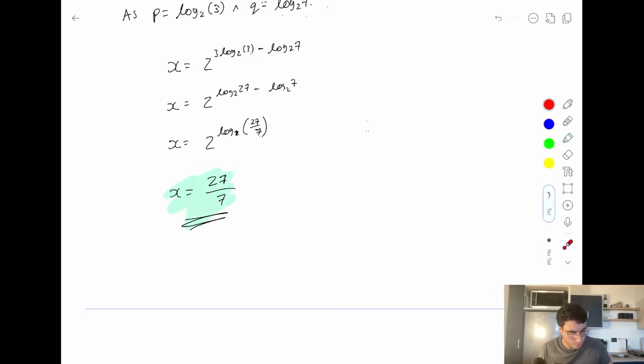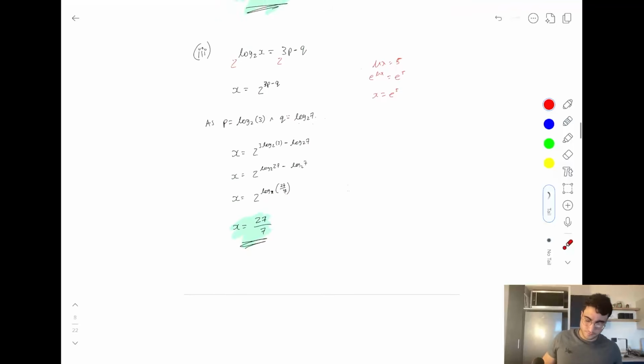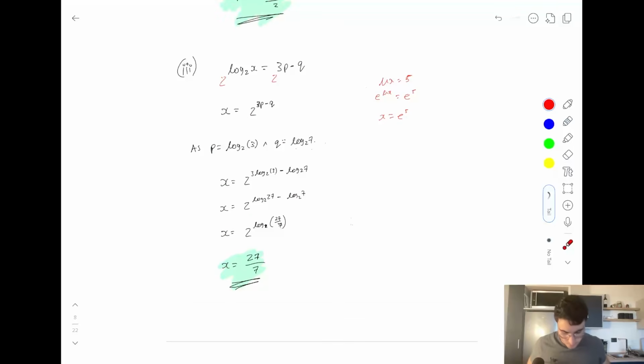Okay, so how did we do that, guys? Well, again, what we did was we raised our values, okay, to the base of 2. Okay, we put them on top of the base of 2. And we know that 2 to the power of log 2 of something is going to equal that thing.